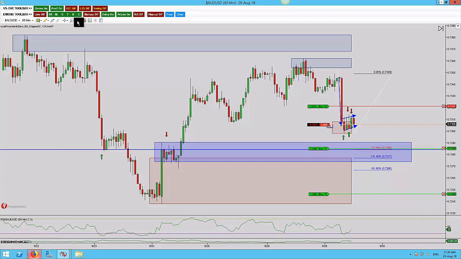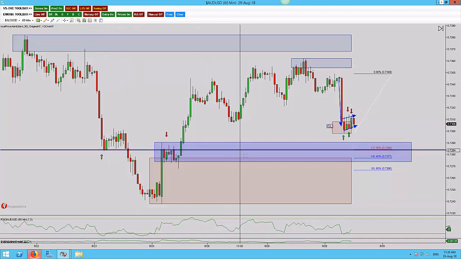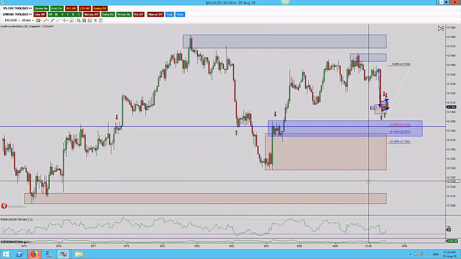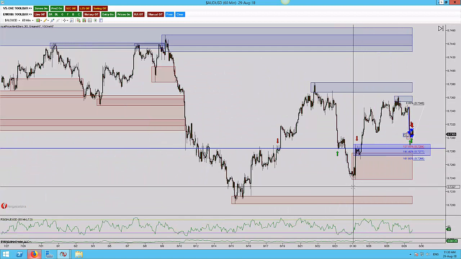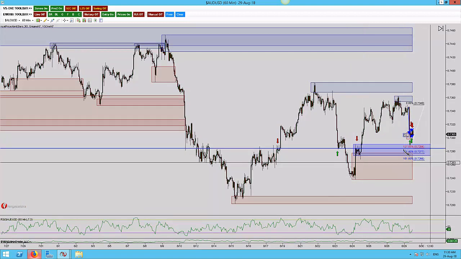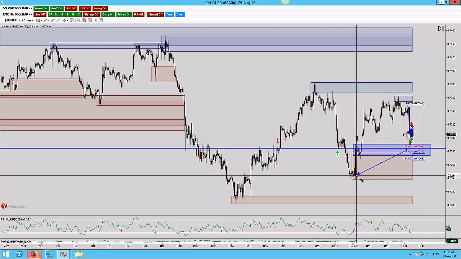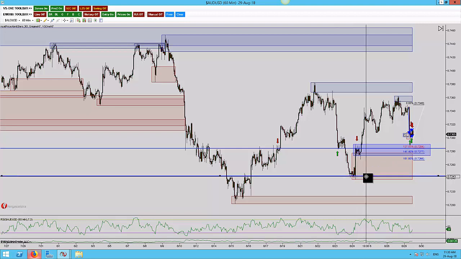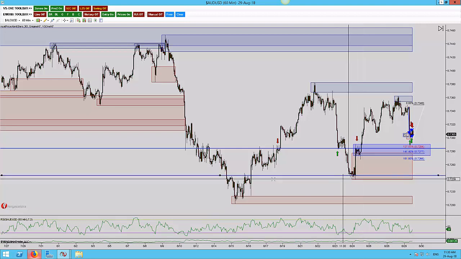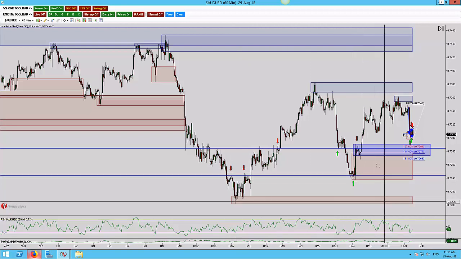And what we can then do is look at an extension as well. If we zoom out a little bit, we could see a continuation down to this next structure zone here, and again I'll put a structure level on here, and down at the bottoms here you can see that we have a little zone that's been tested there as well.